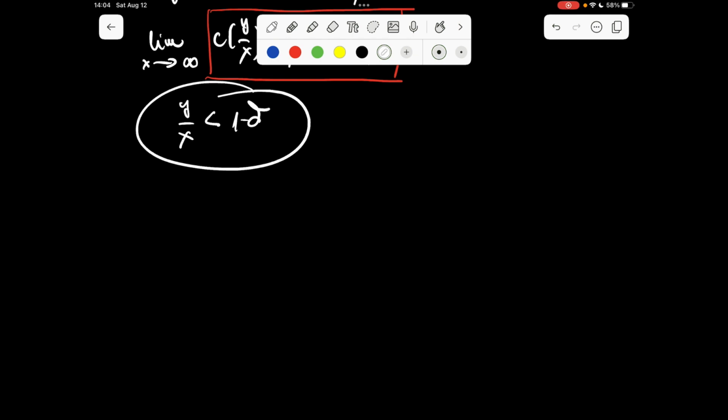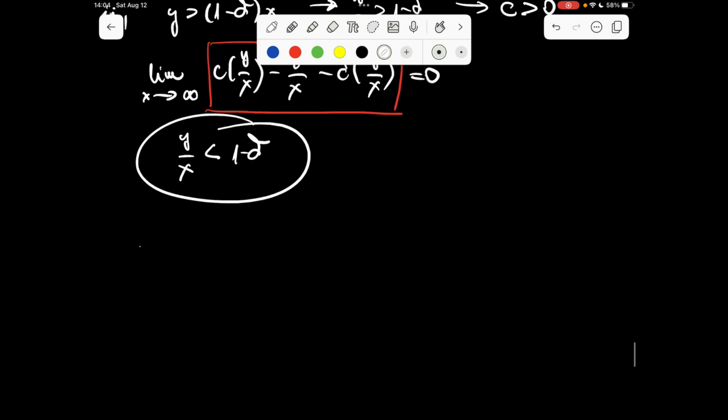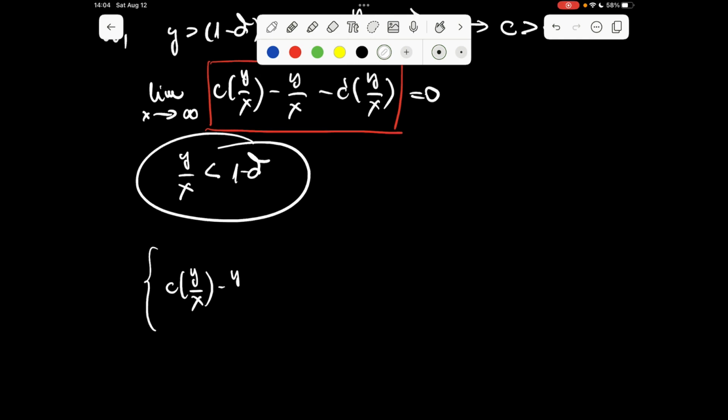So let's derivate the function with respect to x, and after a few steps, it's not too complicated, we receive this function.